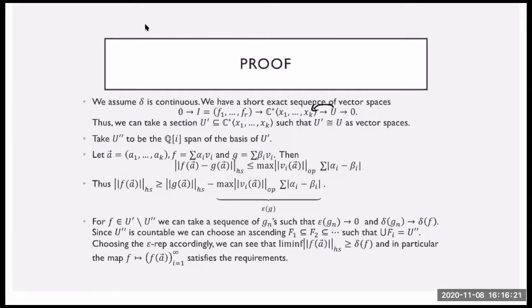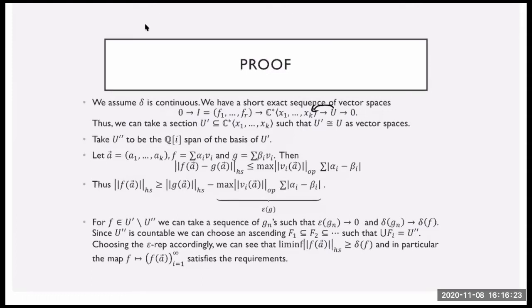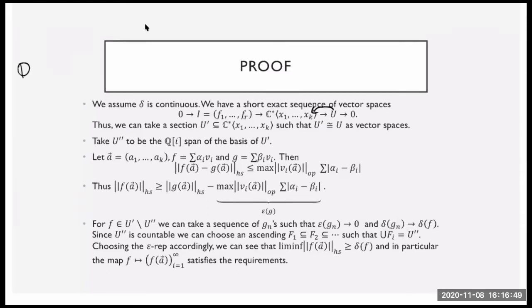And now you have this U prime. This U prime is a sub vector space of the free algebra, which represents each element of U. So every element of U has a single representative in this U prime. Now take U double prime to be the span of the basis of U prime with respect to the field Qi, where Qi, as we talked about last time, is all the A plus Bi such that A and B are rational.